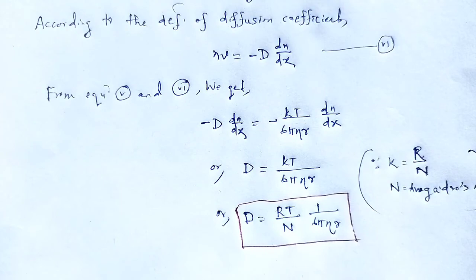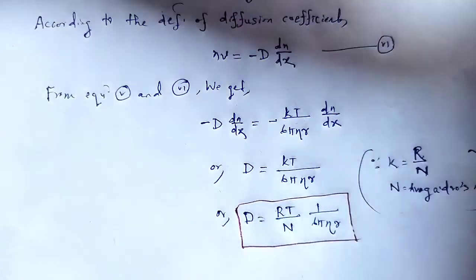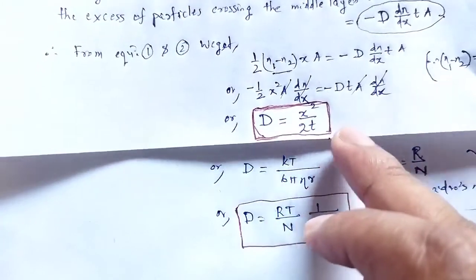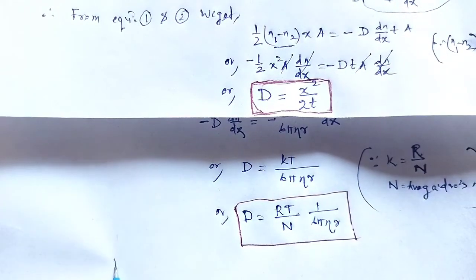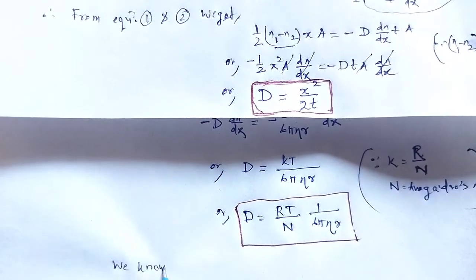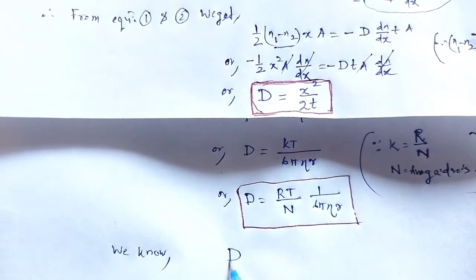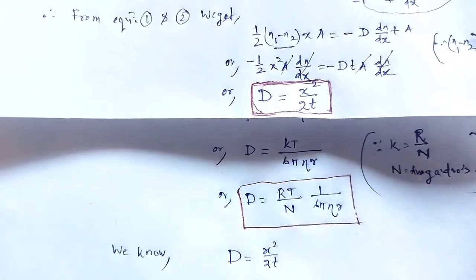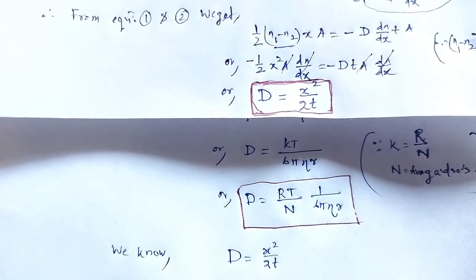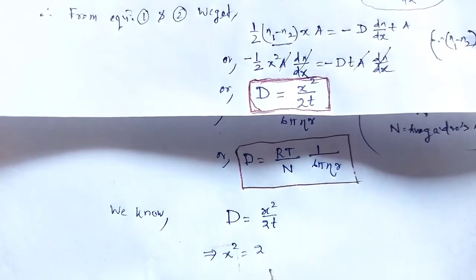Now from the first equation we get D is equal to x square by 2t. We know the diffusion coefficient D is equal to x square by 2t, which implies x square is equal to 2Dt.